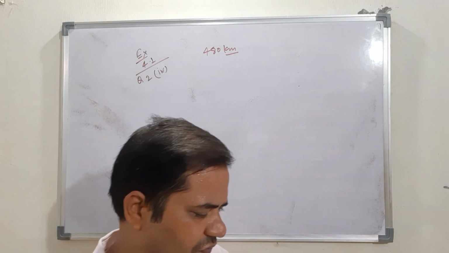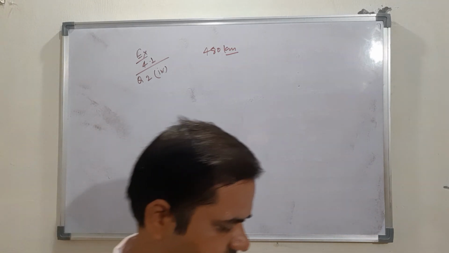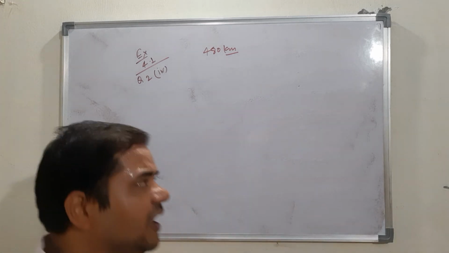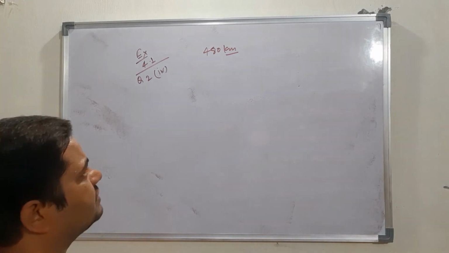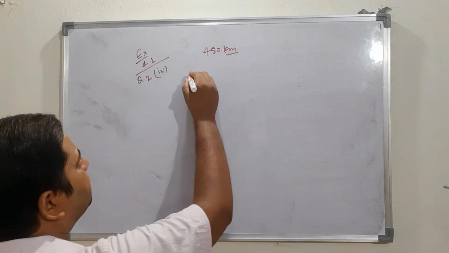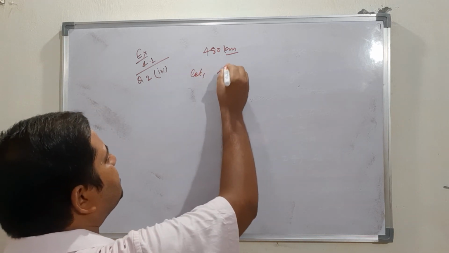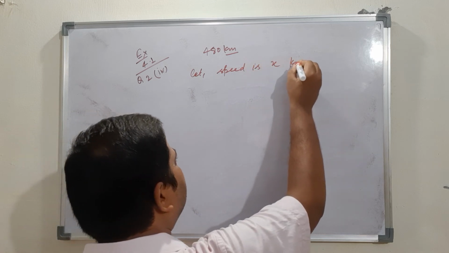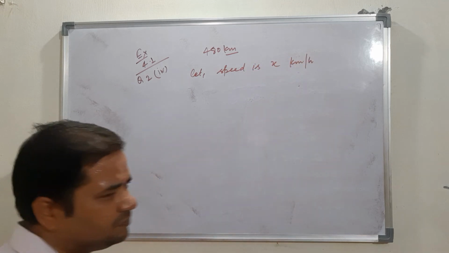We need to find the speed of the train. So the speed is 8 km per hour less. Let us begin. Let the uniform speed be x km per hour.